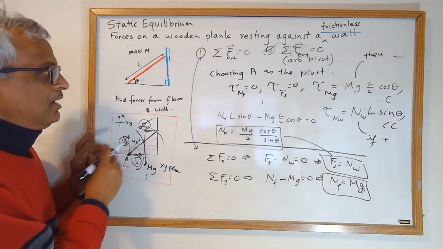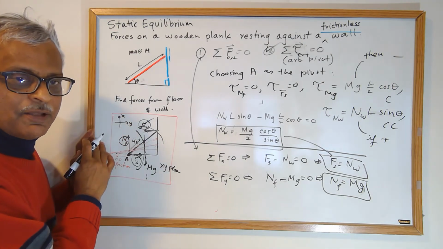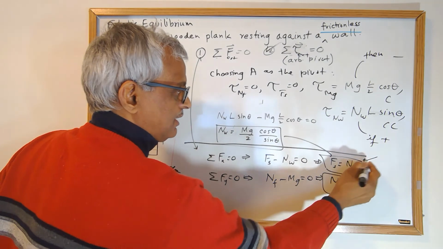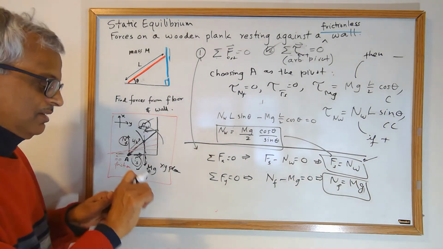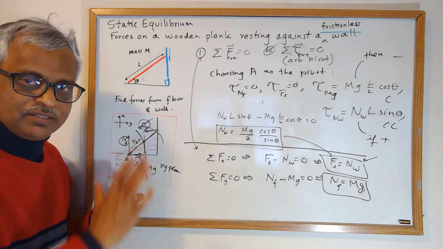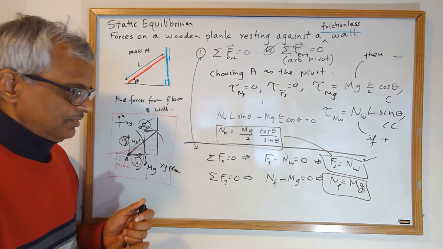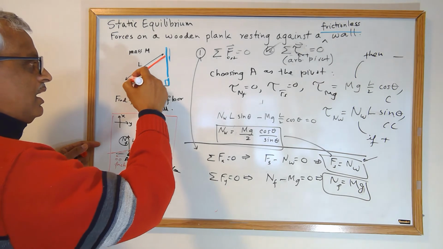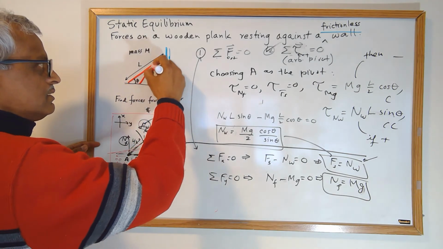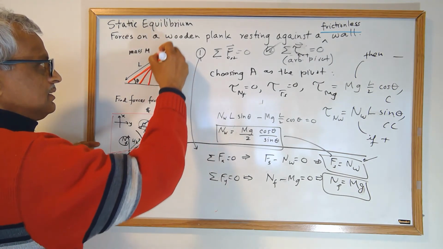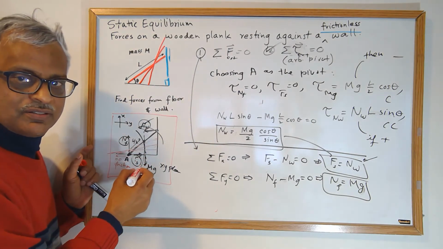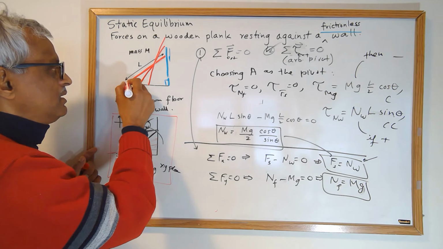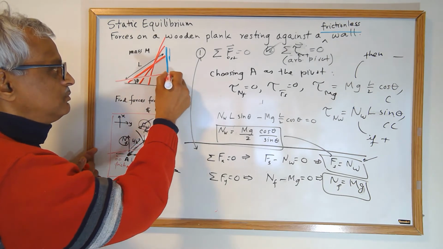Okay. A variation of this problem is this: we found Fs, right? This is not necessarily the maximum Fs. A variation of the problem that's very interesting is as you make the angle larger and larger, the ladder becomes more stable, right? How about if I make the angle smaller?